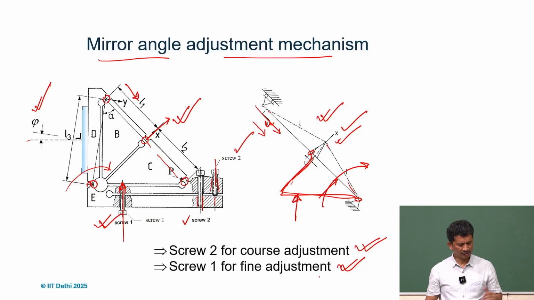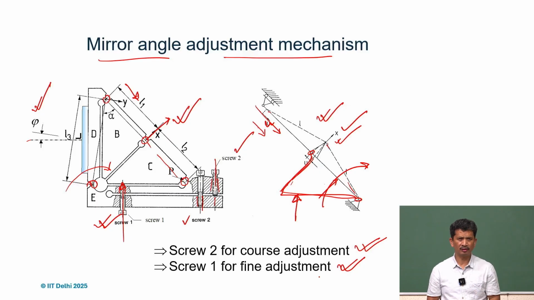So, this is the basic mechanism one can implement and can get that kind of performance. Again, suppose it's a dynamic application, and even if the base is moving, we want to target a certain point precisely.